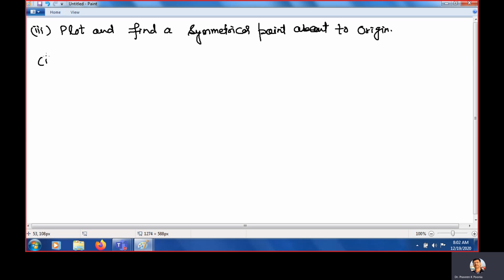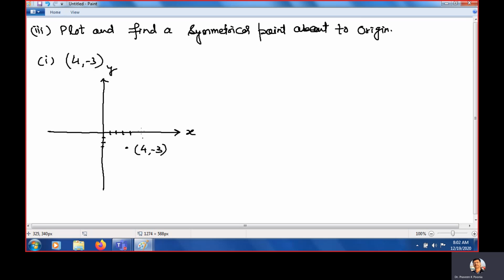So let us take a point, say 4, minus 3. First we need to plot this point on the xy plane. 4: 1, 2, 3, 4. Minus 3: minus 1, minus 2, minus 3. So this is the point.